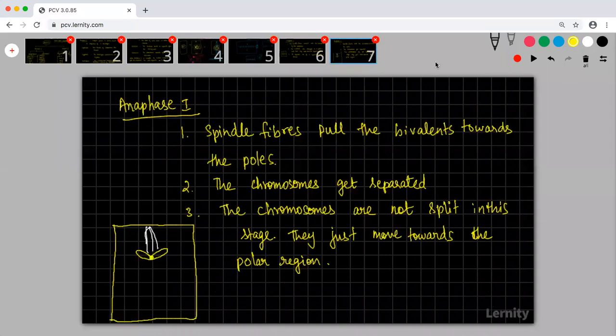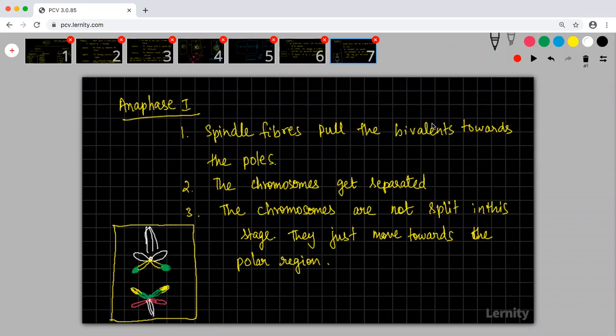I have used a different color code here. So what is happening is they are moving towards the opposite poles.